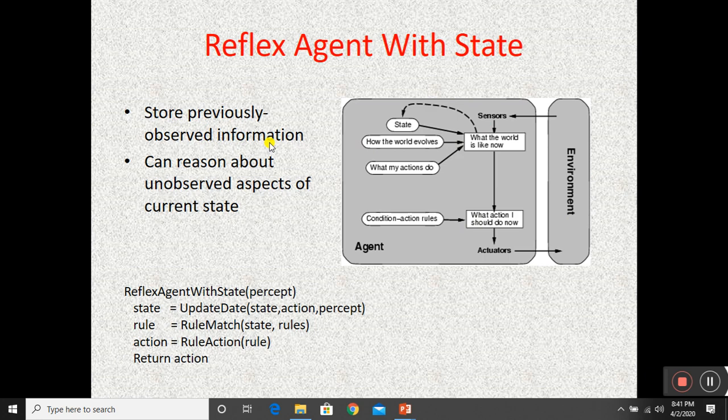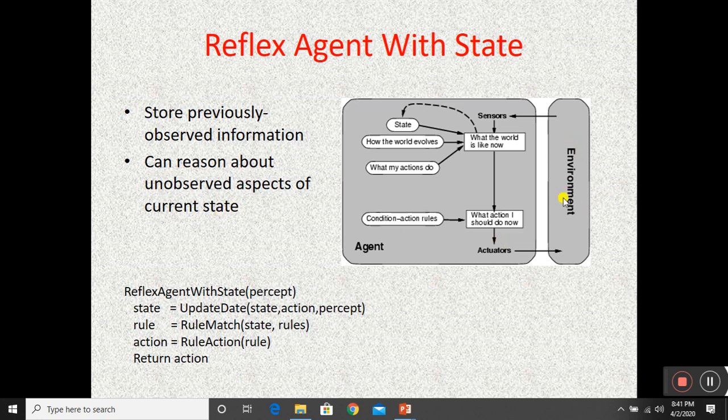Yes, this is one basic property of this reflex agent, that it stores previously observed information and can reason about unobserved aspects of the current state. So this is a bit complex type of agent.